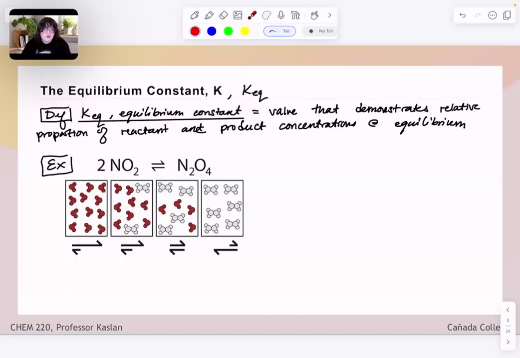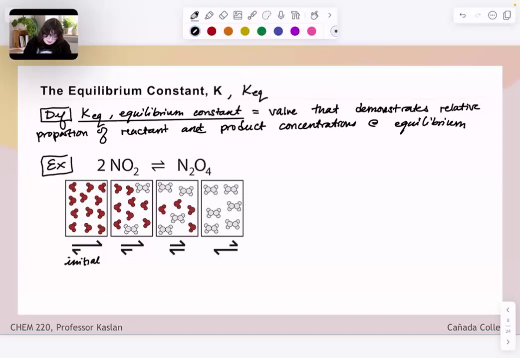So where the reverse and forward rate of reaction are equivalent. So here in this first box, we've got all reactants. So this is our initial condition. This is where the rate of the forward is going to be much, much larger than the rate of reverse. We're going to start consuming reactants pretty rapidly.